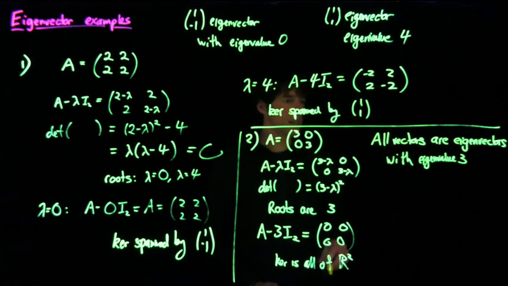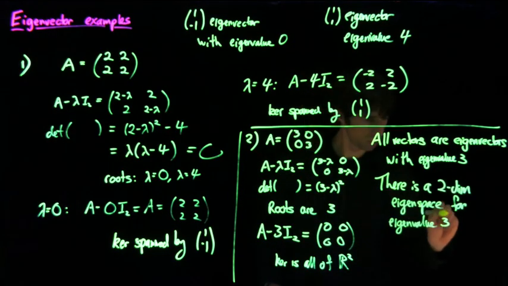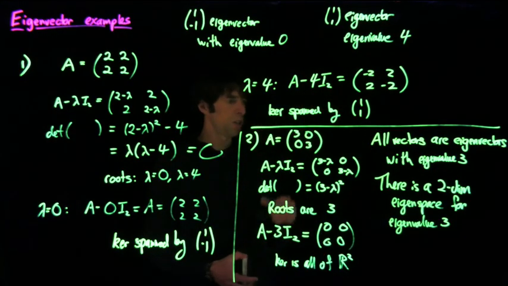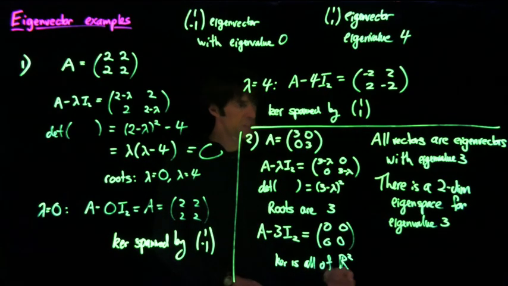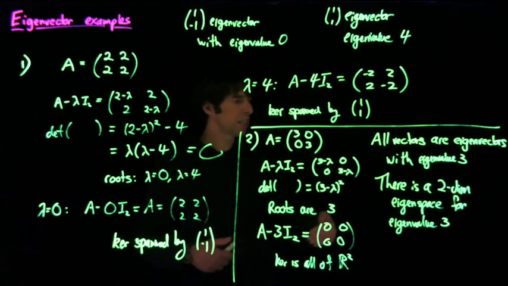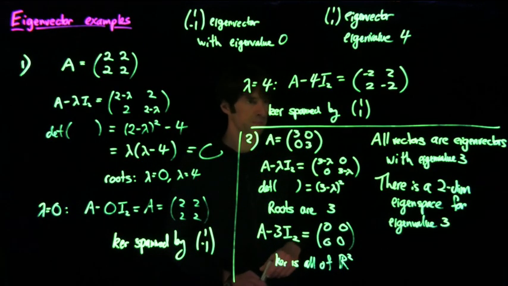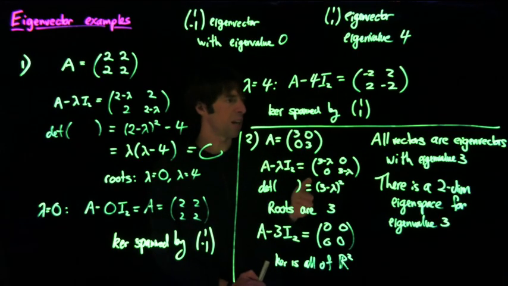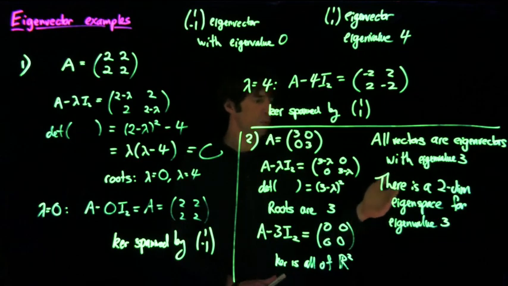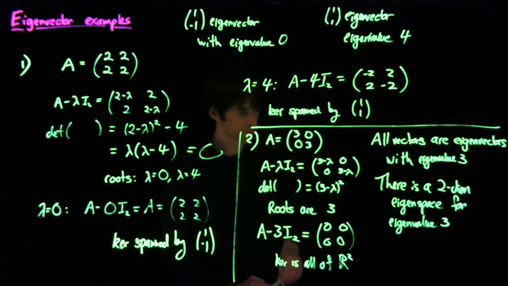So in this case, we say that there is a 2-dimensional eigenspace. When you find an eigenvalue, the set of all eigenvectors for that eigenvalue is a linear subspace. So we call that the eigenspace. So in example 1, we had 2 eigenvalues, and each one had a 1-dimensional eigenspace. In example 2, we have 1 eigenvalue, but it has a 2-dimensional eigenspace.